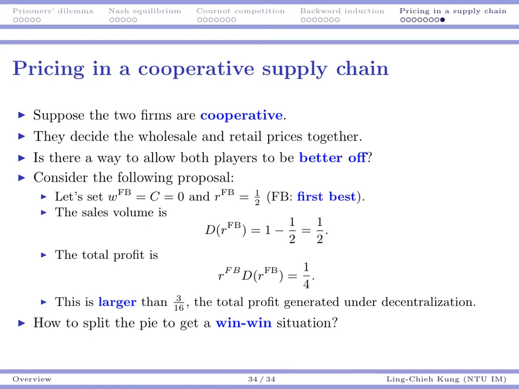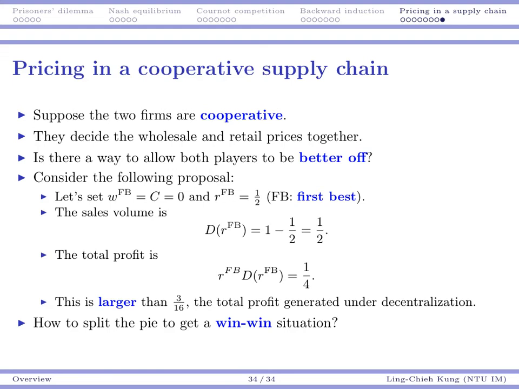If you remind yourself about the pricing problem we discussed in our first lecture, this is actually what a single firm, a monopolist, will do. So the monopolist or the integrated two firms should do this. We call this first best. This is the best thing they may do. If there is a first best, then of course there will be a second best. We will talk about that in the future.